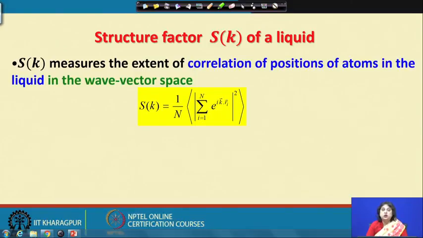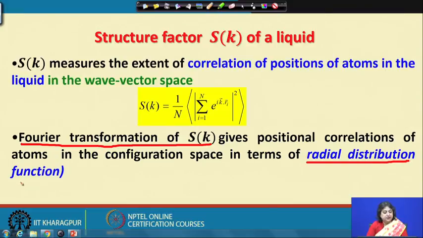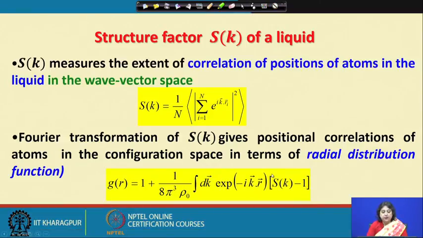Now, if I want to visualize where in the three-dimensional space the different atoms are located, what we have to do is carry out a Fourier transformation of S of k. And if I do that, that gives me what is known as the radial distribution function. So, the radial distribution function is defined formally as the Fourier transformation of S of k, so that the information that we had in the wave vector space is now converted into a position correlation of the atoms in the configuration space.